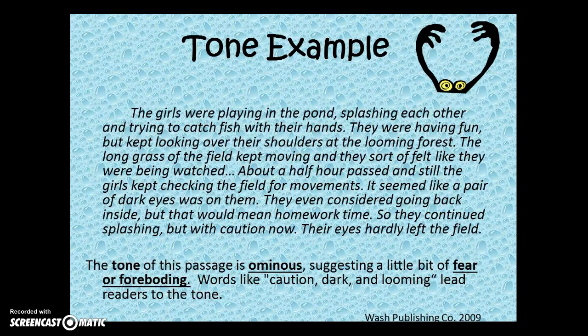So for example, you can pause the video and read that paragraph, but it's ominous. The speaker is ominous, suggesting fear or foreboding, using word choice or diction such as caution, dark, looming. They make you feel foreboded, ominous.